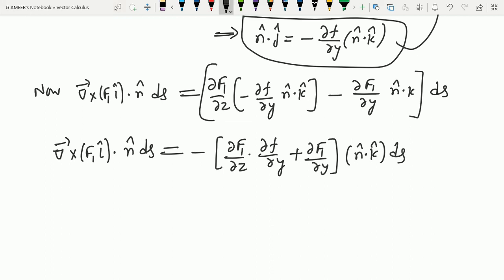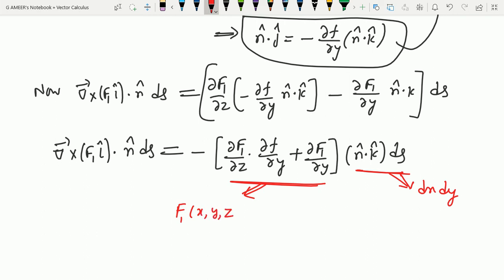Now our aim is to find what this entire quantity is. n dot k ds is simply dx dy. Then what is this? Let us have a look here. f1 is a function of x, y and z, because z itself is a function of x and y.